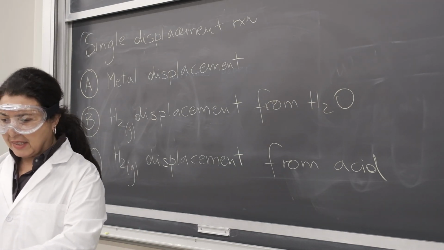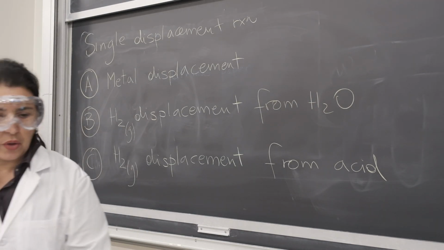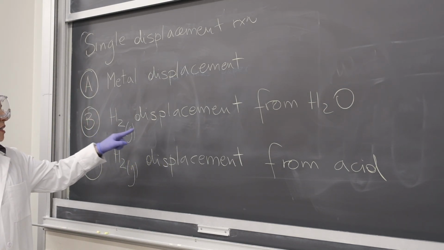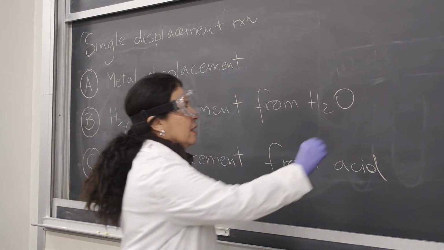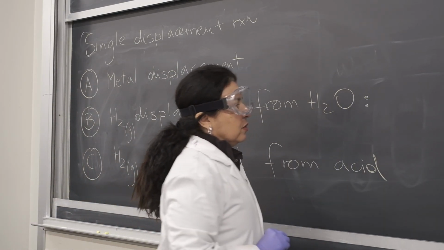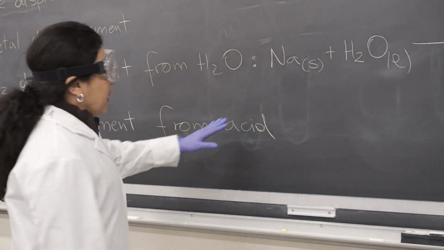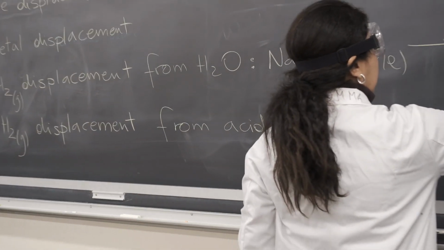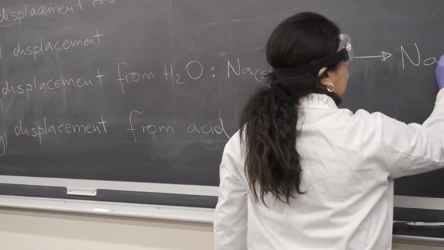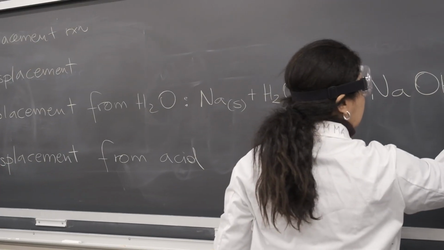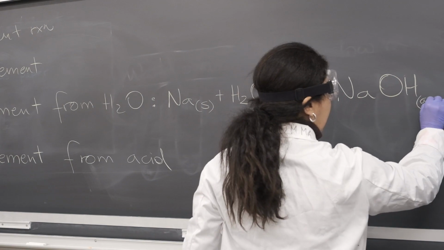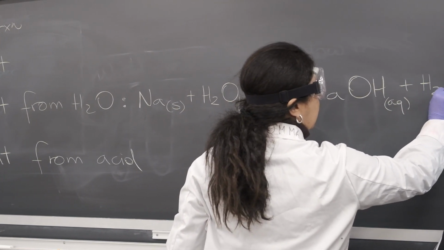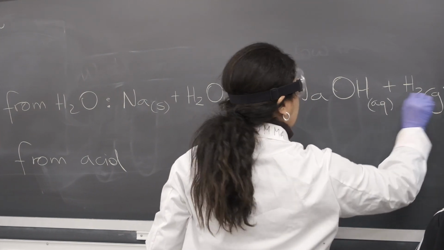Now that I have all my setup to show you the very first reaction that you have in your list, for hydrogen displacement from water, the reaction we are going to describe is sodium solid plus water as a liquid that gives sodium hydroxide aqueous plus hydrogen as a gas.